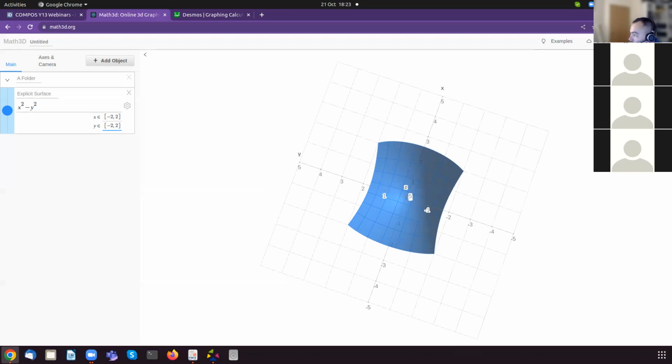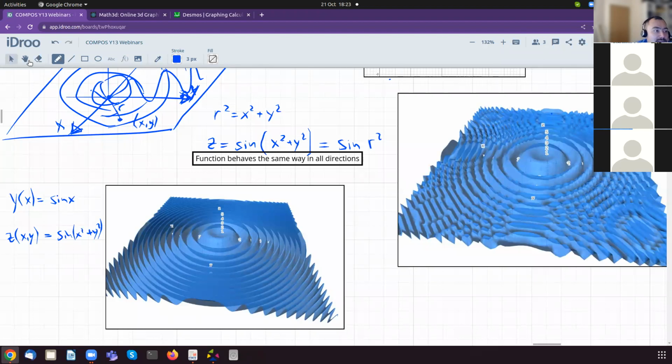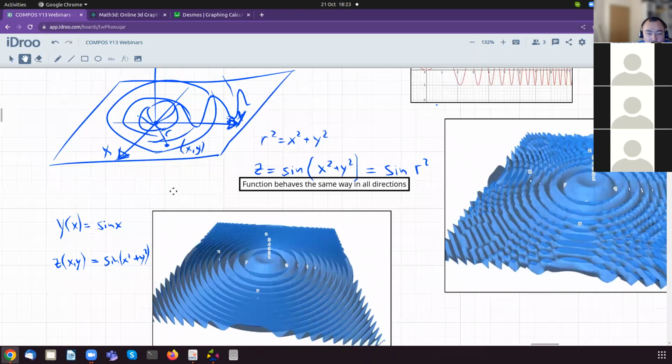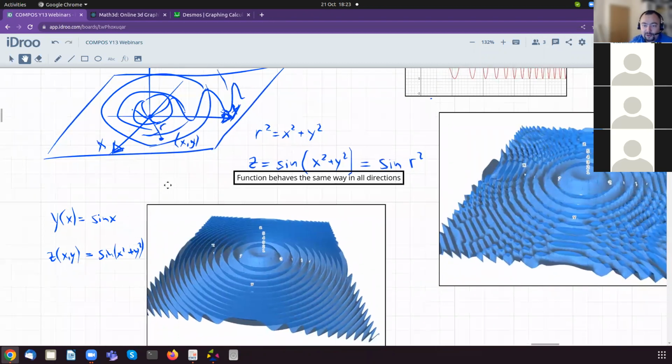Why are there extra circles? Why does it behave the same way in all directions? Because X squared plus Y squared is R squared, and R is the distance from 0. So it's the sine of the distance from 0, and it doesn't matter which way you calculate the distance.